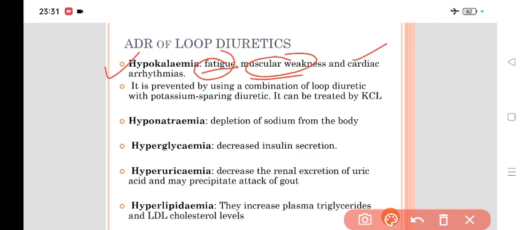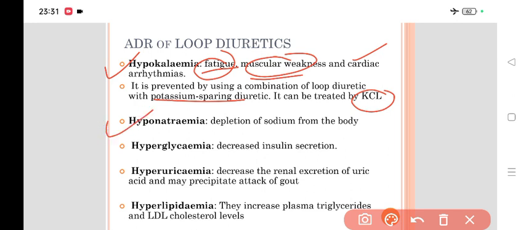It is prevented by using a combination of loop diuretic along with a potassium-sparing diuretic like spironolactone. The potassium-sparing diuretic causes hyperkalemia, and the loop diuretic causes hypokalemia, so they counteract each other's adverse effect. Or you can simply treat it with KCl, potassium chloride.